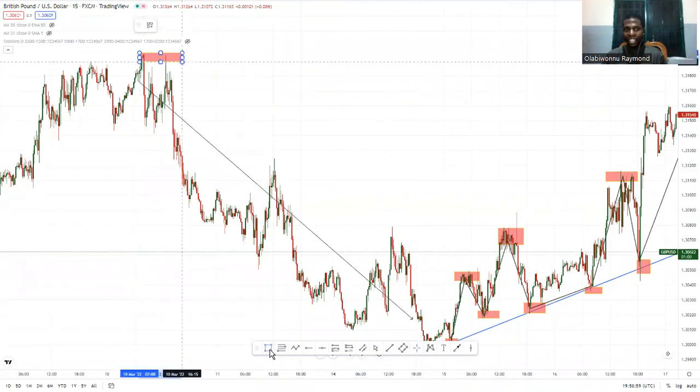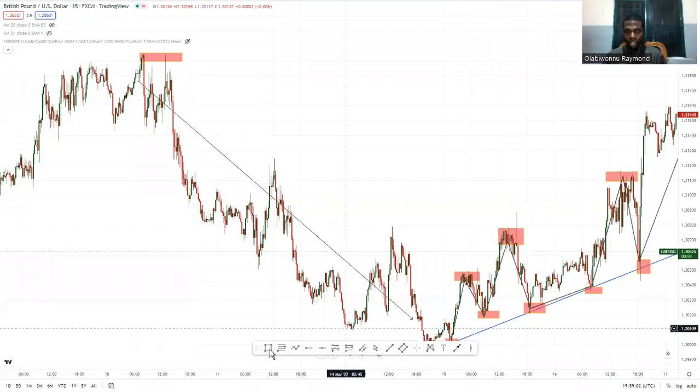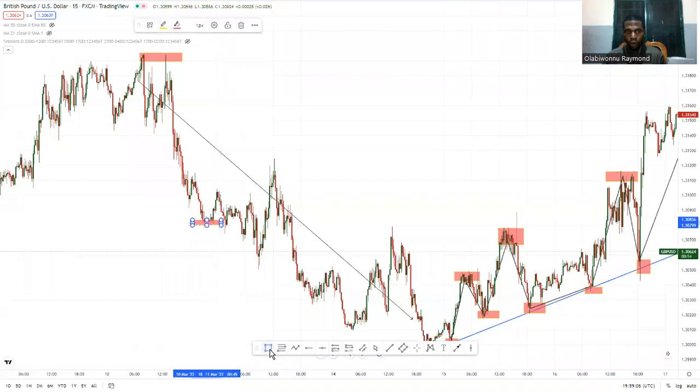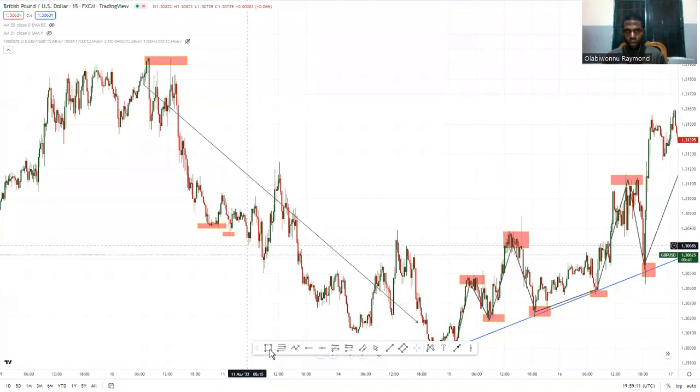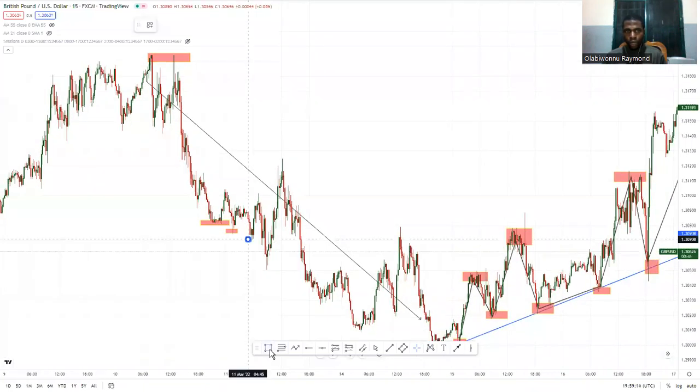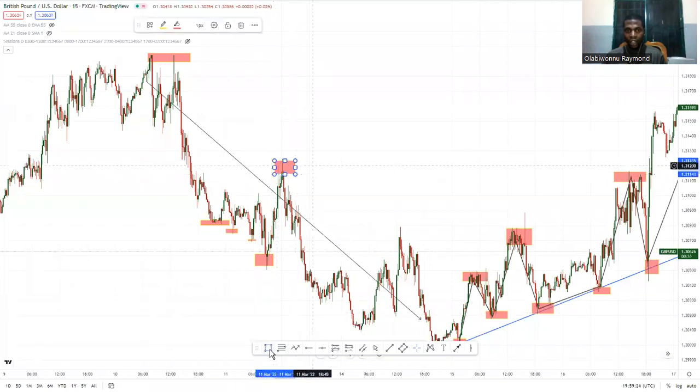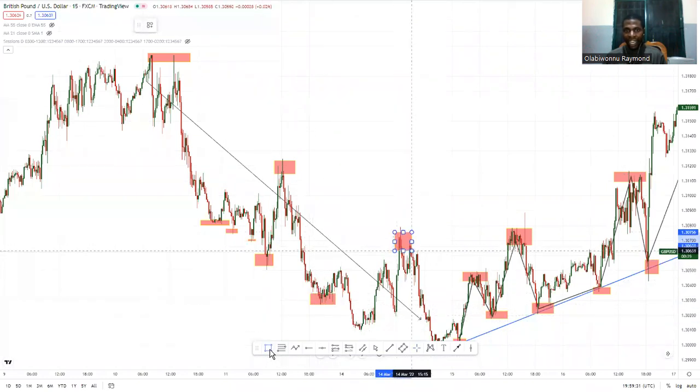The market came down, created multiple lows: lower low, lower low, lower low, lower low, lower low. Then the market created a higher high, a lower high, a lower high again, then came down and created a lower low again. Then the market came up to create a higher high, a lower high.